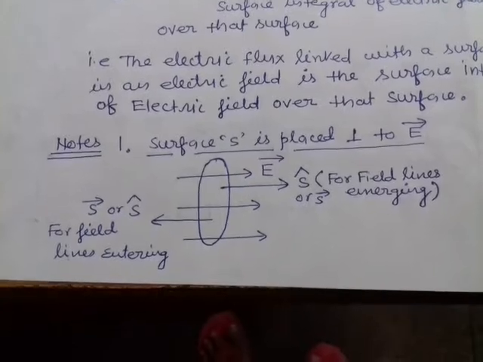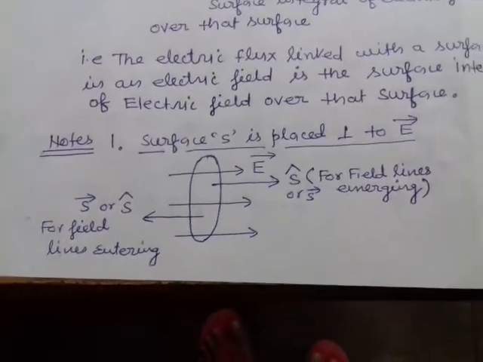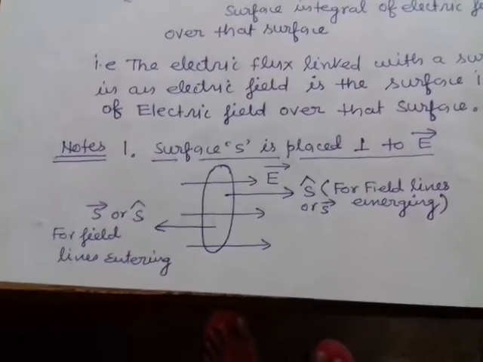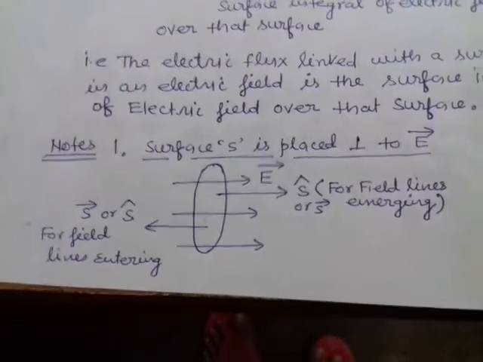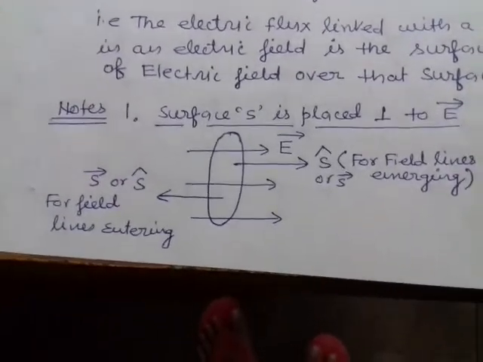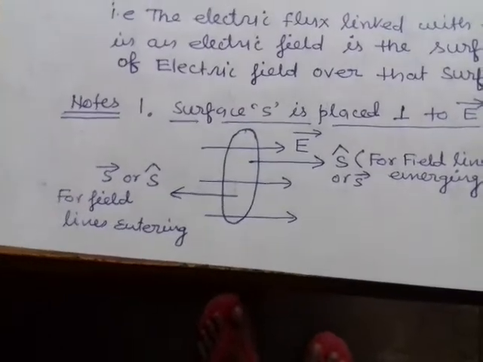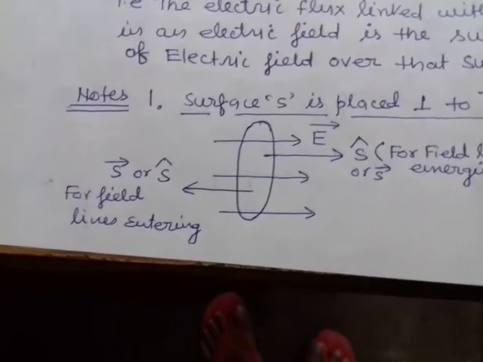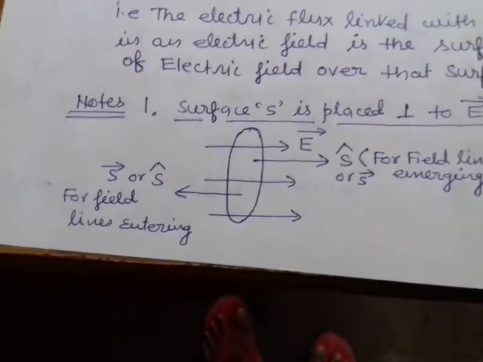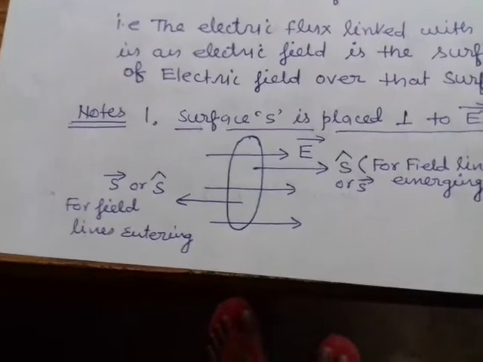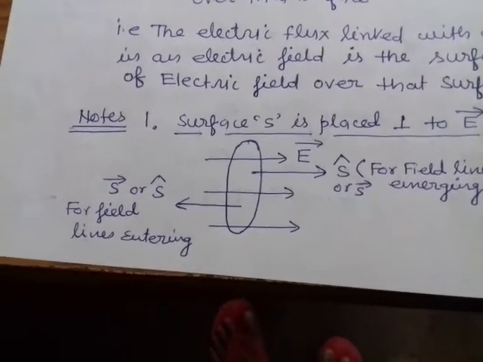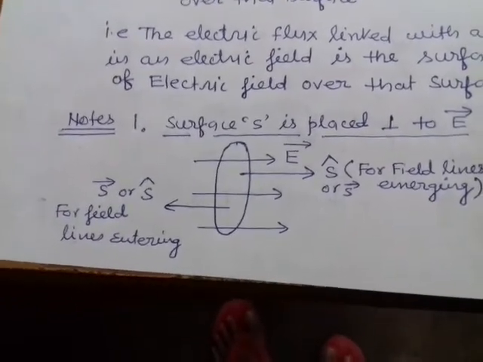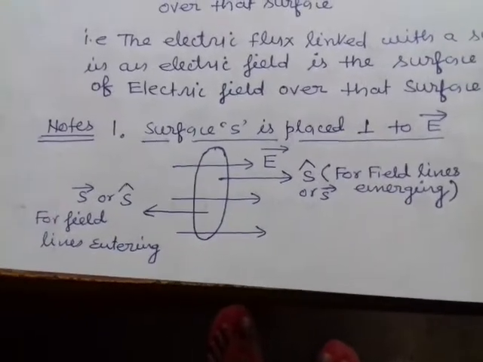First point, if surface S is placed perpendicular to electric field E, you can see in the diagram. Now this surface has two faces. First surface is on the left hand side, where the area vector is S cap or vector S. First surface is where electric field lines are entering, and the second surface is where electric field lines are emerging.